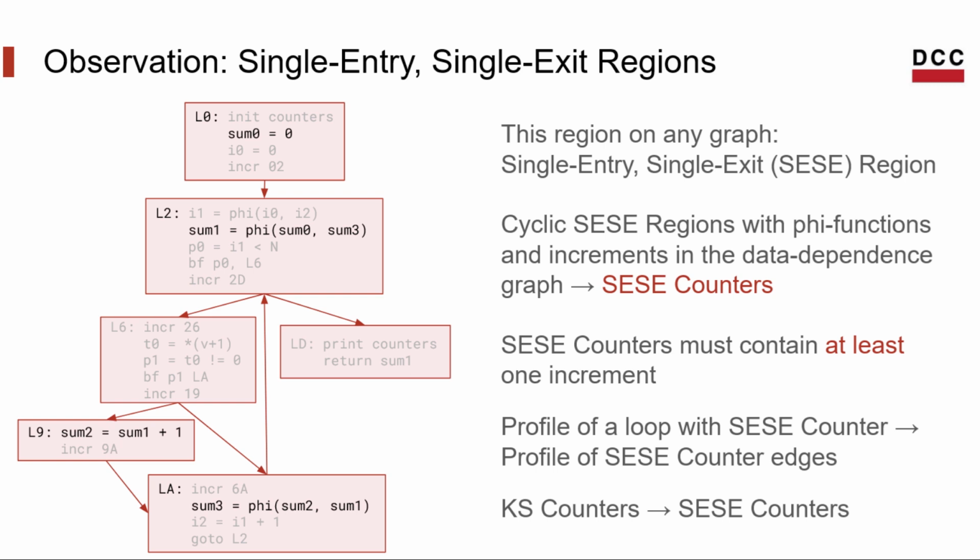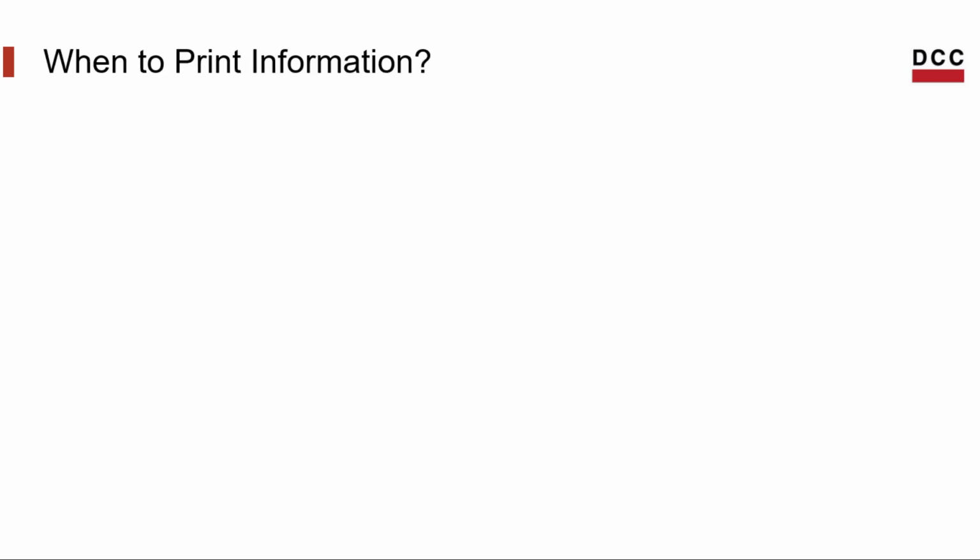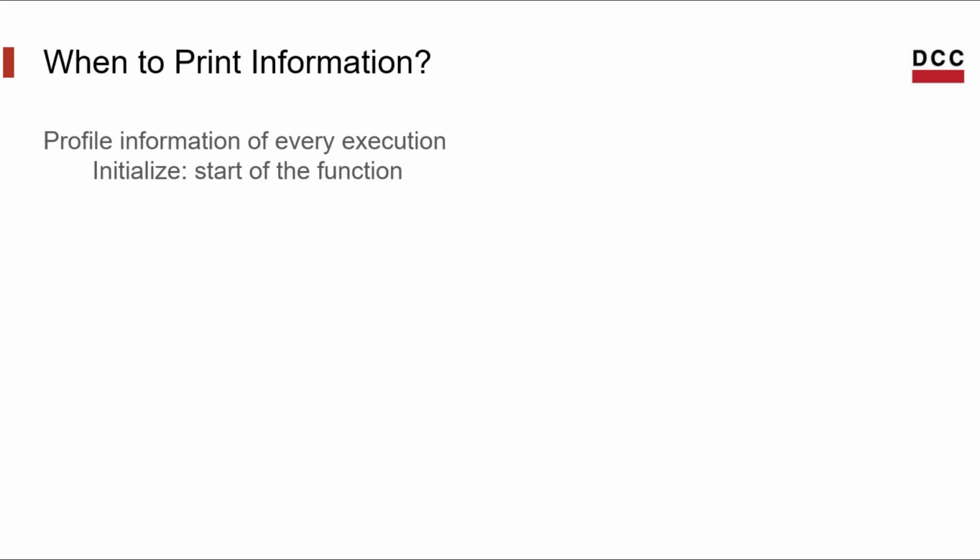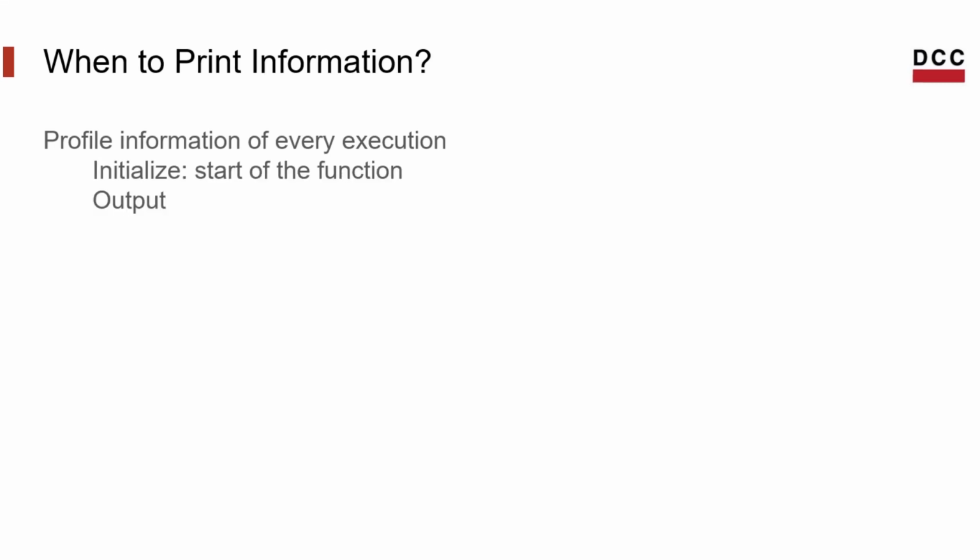But there is something else we must discuss, which is the moment where we must initialize and save our information. There are some ways to do it, but I will briefly cover two ways here. First, if we want to get the profile information of every execution of a function, we must initialize at the beginning of the function and save the information at the end of the execution of this function, as discussed earlier.